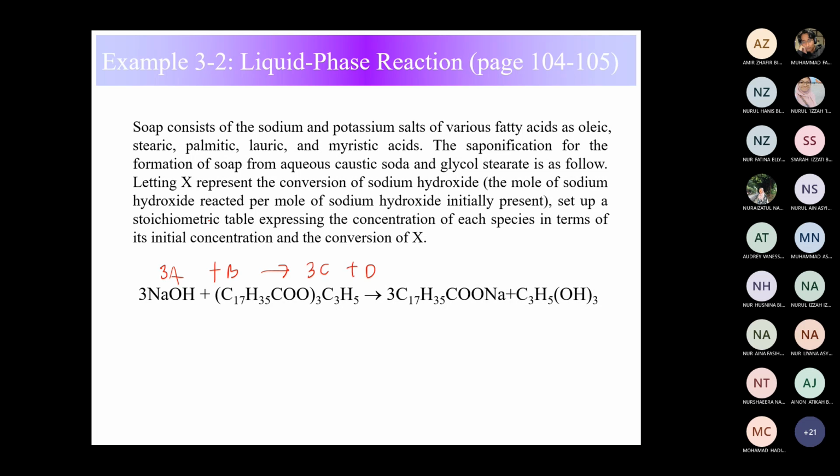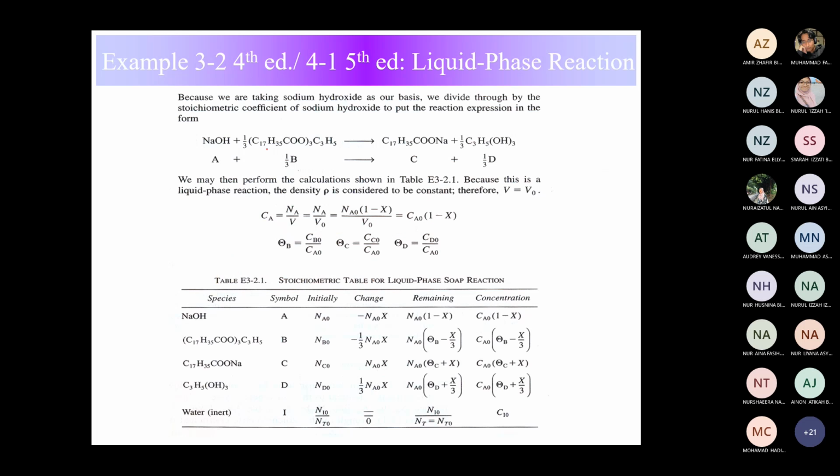Okay, so you need to set up a stoichiometric table, alright, expressing the concentration of each species in terms of the initial concentration and also the conversion X. Okay, so what you need to do is, I will show first because later we will do the exercise. Okay, so remember you have to divide the equation for each compound by A, so we have 1 over 3.